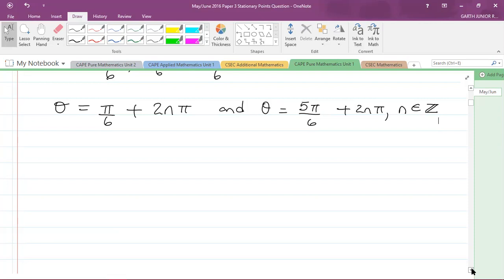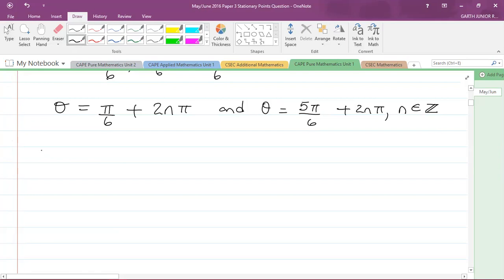There are different ways you could do the test. You could use either the gradient test or the second derivative test. I'm going to use the second derivative test to test which one of these is a maximum.